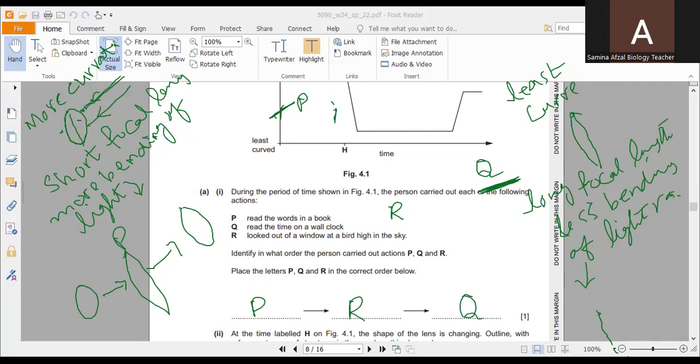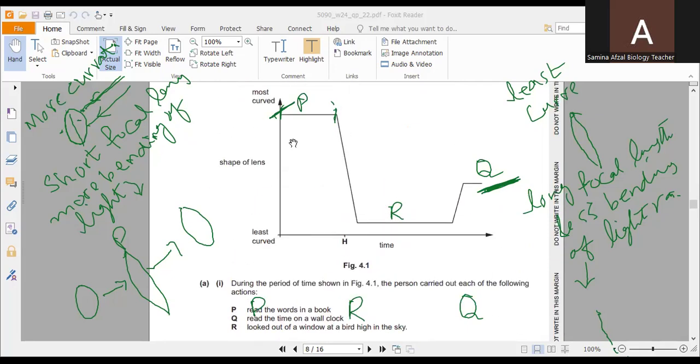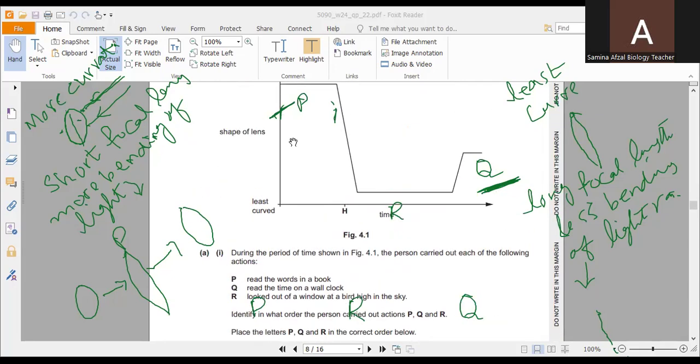Now, the next question is, at the time labeled H on figure 4.1, the shape of the lens is changing. Outline, with reference to a named structure in the eye, how this change happens. The process of accommodation occurs by the lens. So the shape of the lens is changed, but there are some other structures present in the eye which are responsible for the change in the shape of the lens.